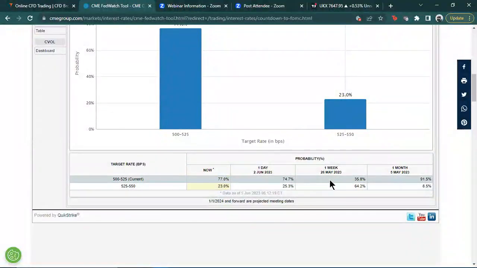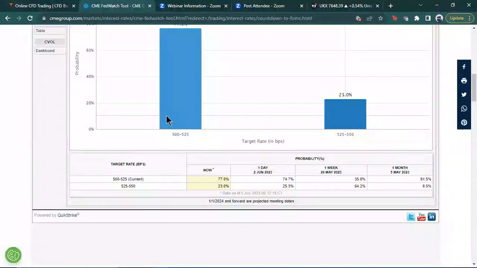And standing pat, a week ago, was given a 35% chance, and now a 77% chance. We're getting back to about a month ago, where rates were thought to be unchanged for this meeting next week.